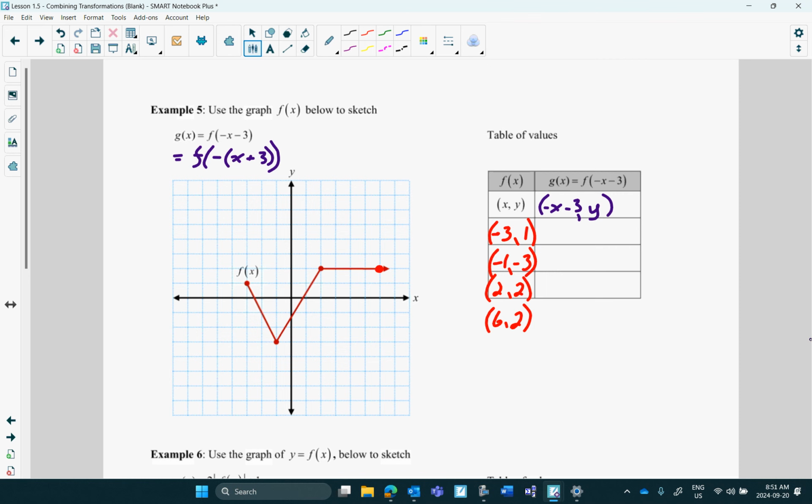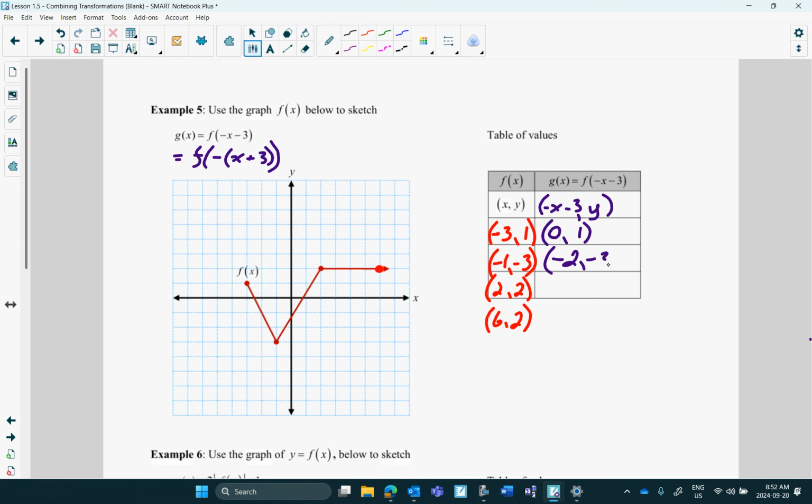Okay, so we've got negative 3 that we plug into here. What does this work out to? 0, because it becomes 3 minus 3, which is 0. Y doesn't change. Negative 1, when I plug it in here, becomes positive 1. Minus 3 is negative 2.